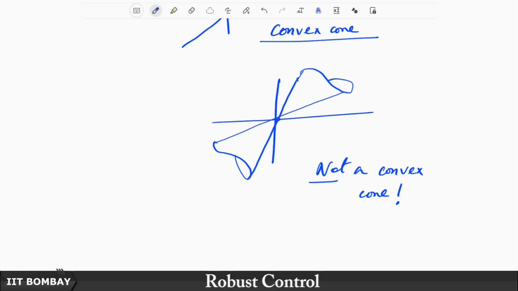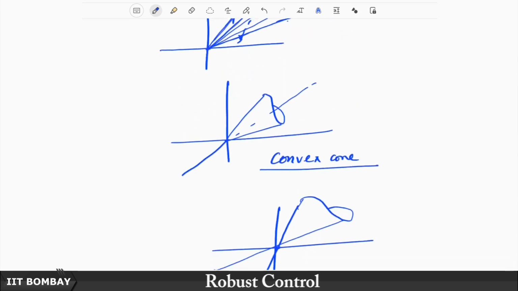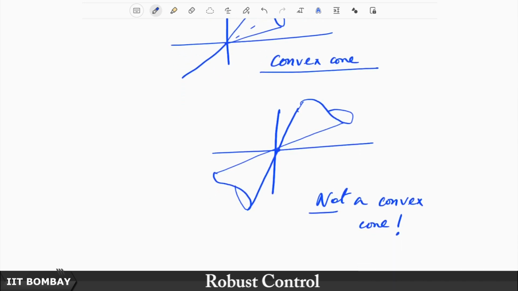Just think about the definition of this convex cone here. Apparently if you take two objects from here and you take the linear combination, you would find an object here, and if you take two objects from here and take the linear combination, you will find another vector here, and both are part of this.